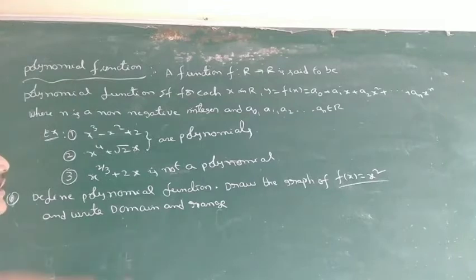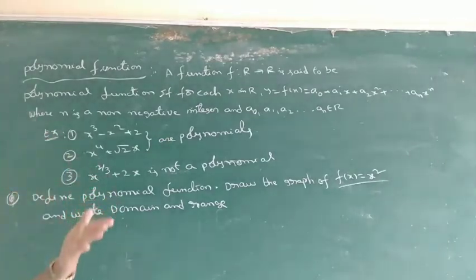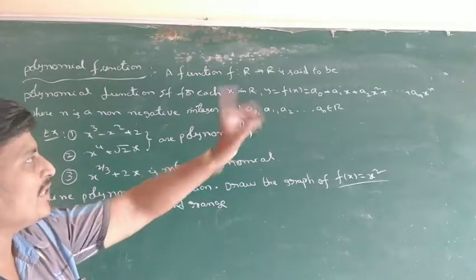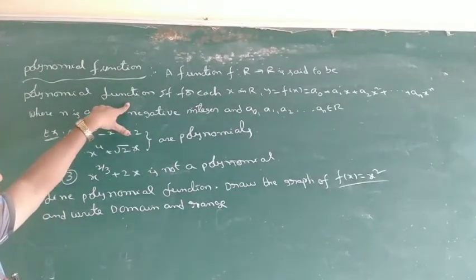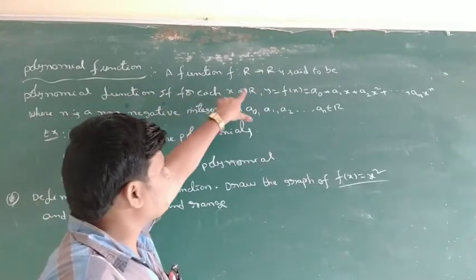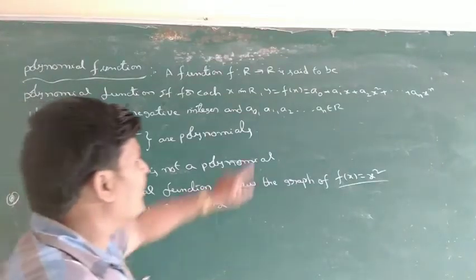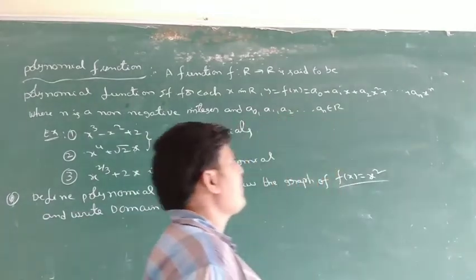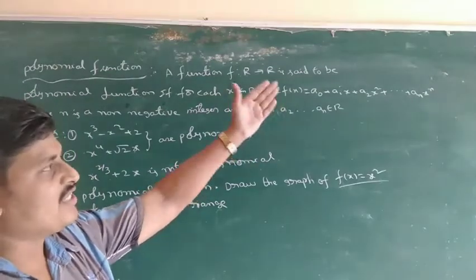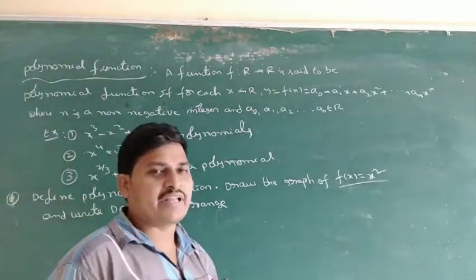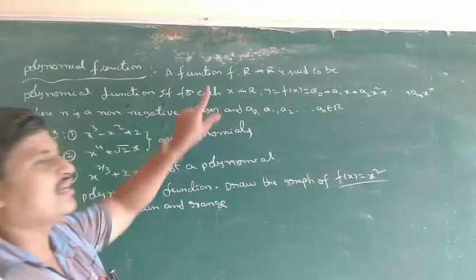First, the definition: a function f from R to R is said to be a polynomial function if for each x in R, y is equal to f of x is equal to a0 plus a1x plus a2x square and so on, plus an x power n, where n is a non-negative integer.